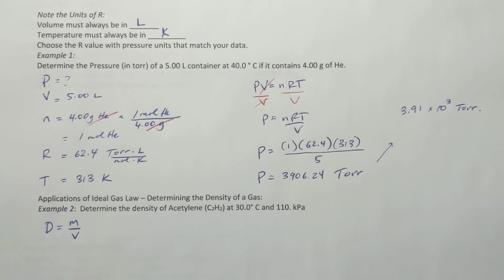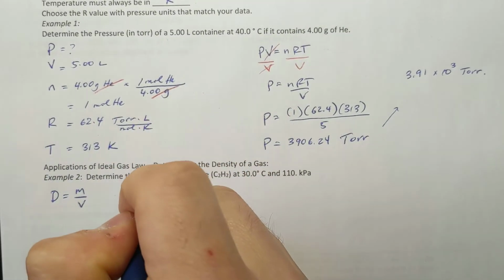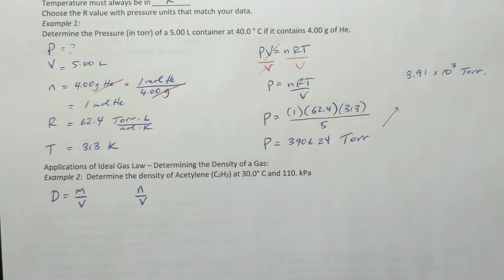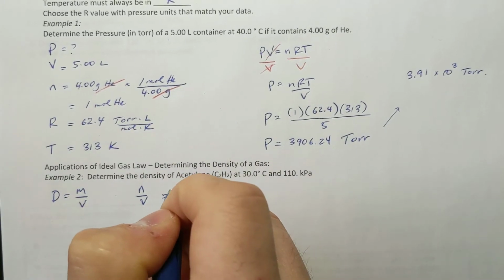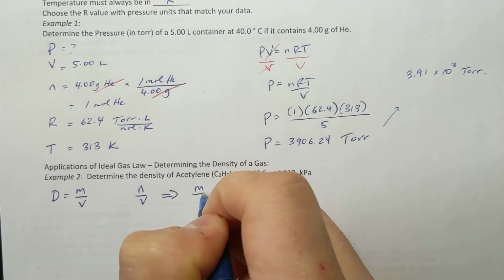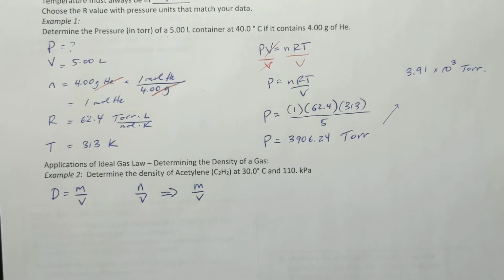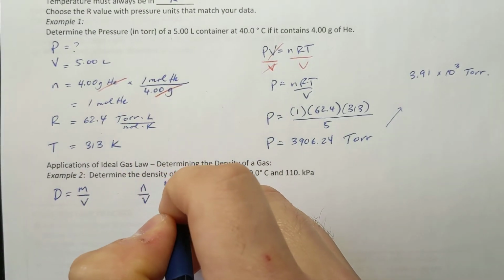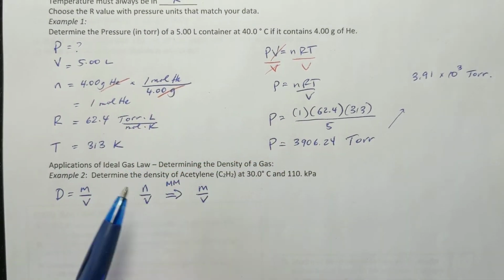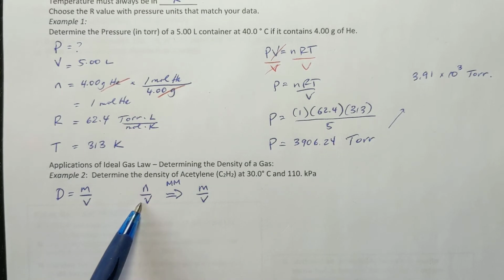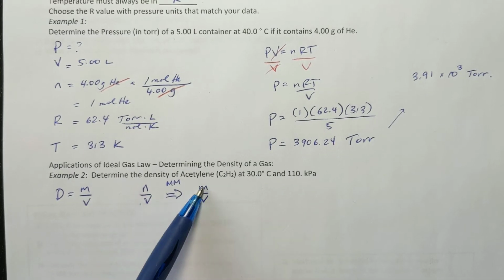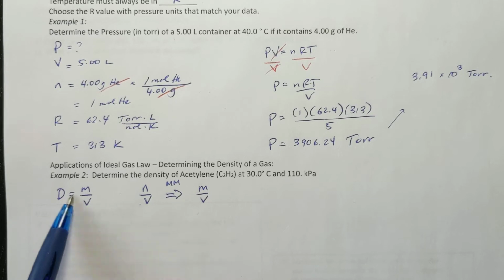So this is what we're going to do: we're going to find n over V, and then we are going to convert to mass over volume using molar mass. So we'll find n over V first, and then we'll convert to mass over volume, because that is what density is.